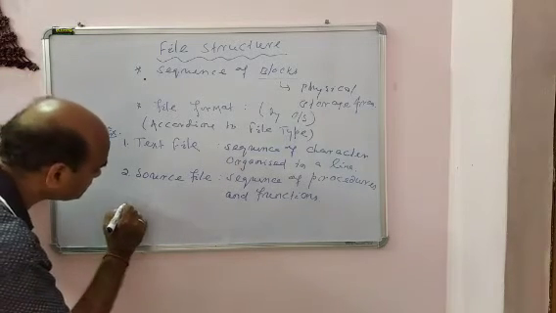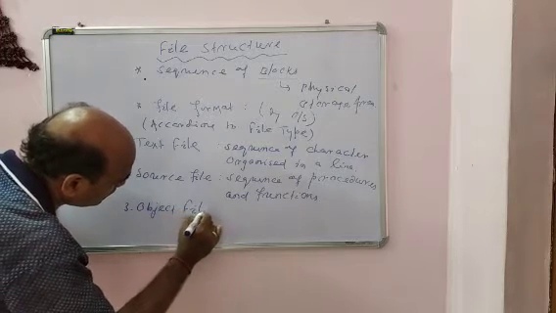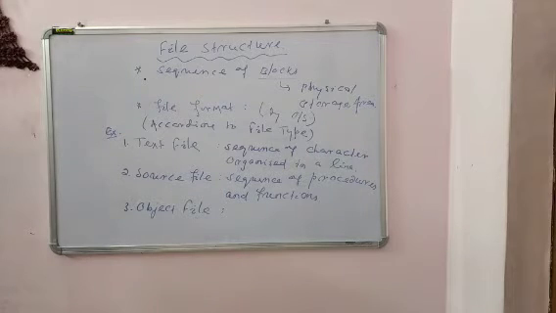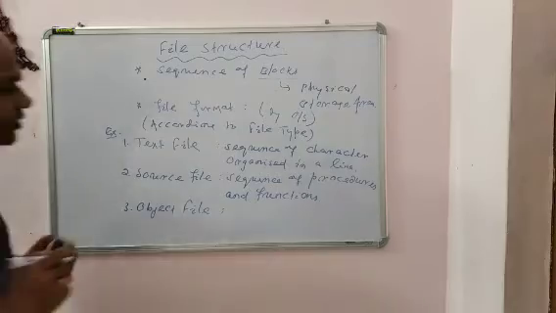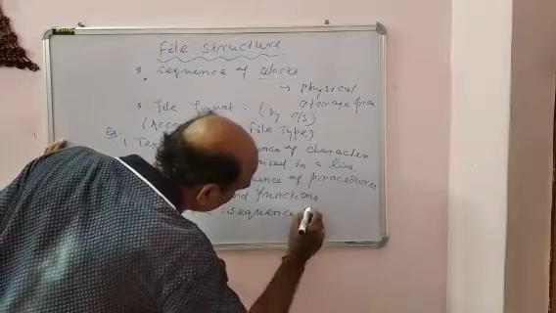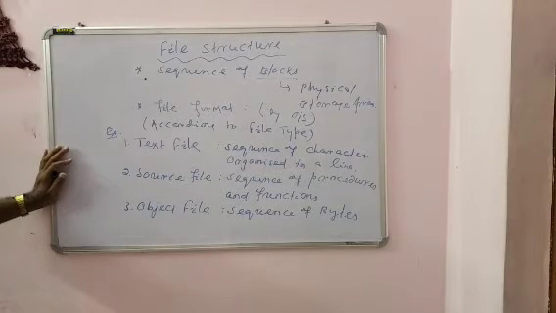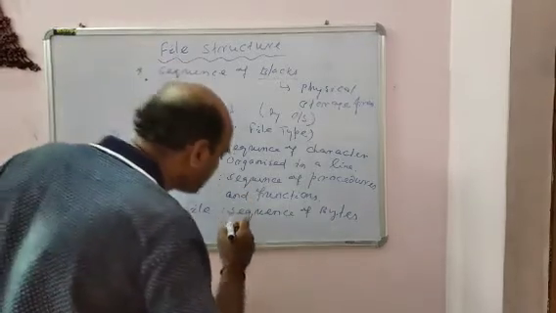Suppose an object file. An object file is a sequence of bytes organized into blocks that is understandable by the machine.